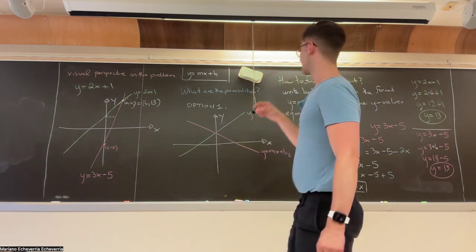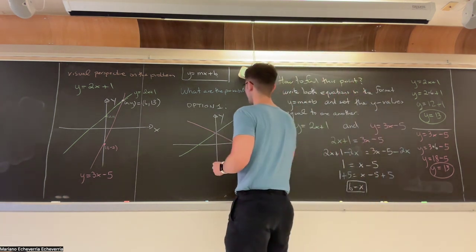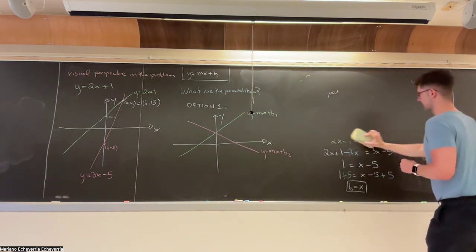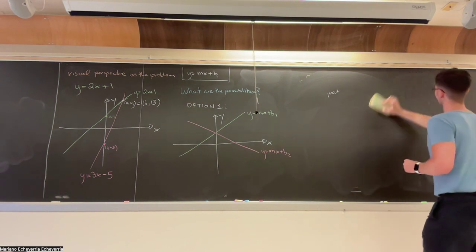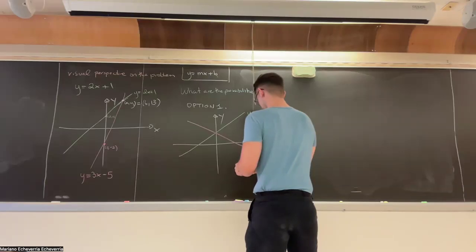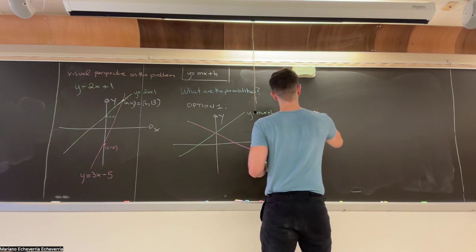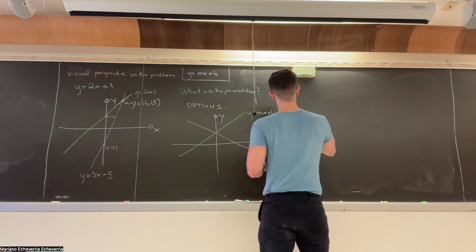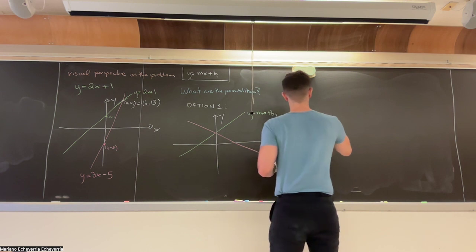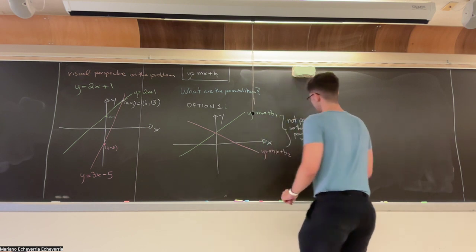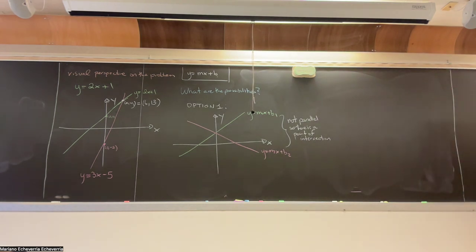What is happening here is that the lines are not parallel, so there's a point of intersection. So these two lines are not parallel, so there is a point of intersection.